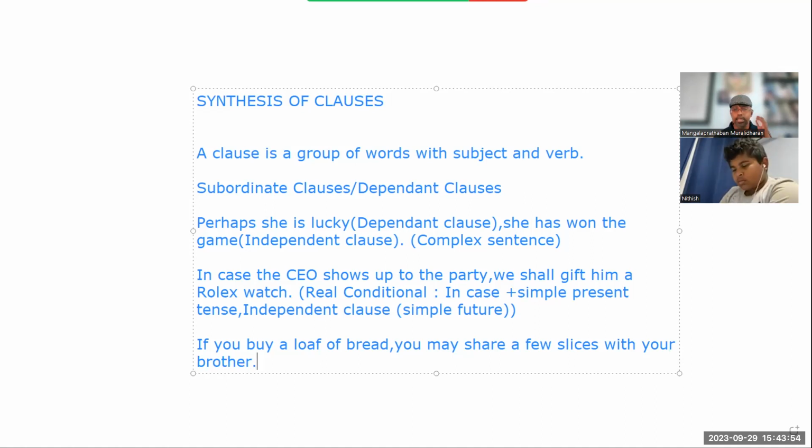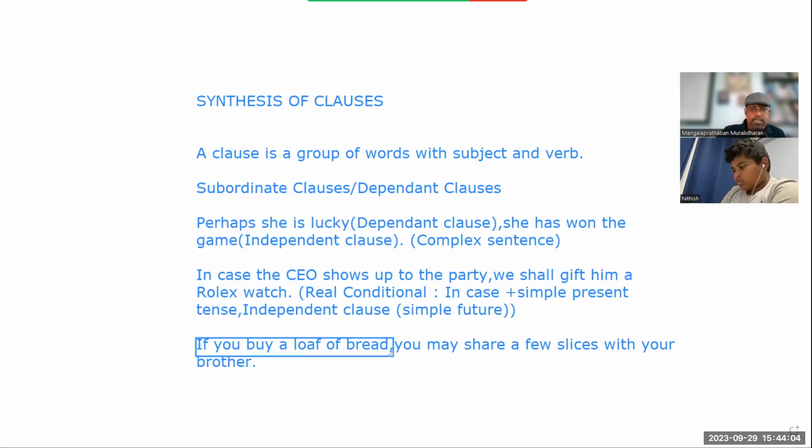Lovely. Look at this. If you buy a loaf of bread, right? What is this? If you buy a loaf of bread, this particular clause is actually a dependent clause.